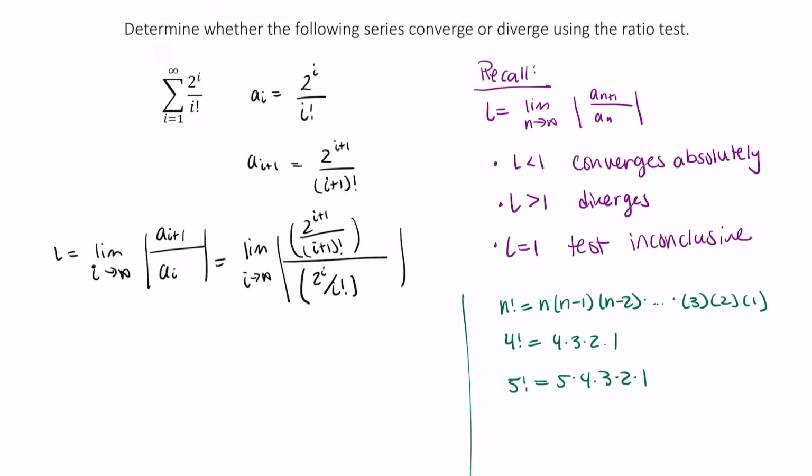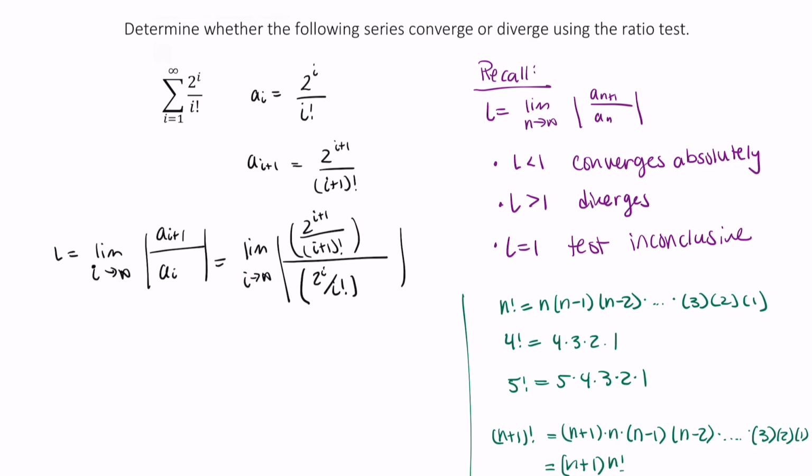And then n plus 1 factorial, in fact, is equal to n plus 1 times, then you want to ask yourself, well, what is n plus 1 minus 1? Well, that just equals n. So that would go times n, times n minus 1, n minus 2, and so on. And so what you really end up with is n plus 1 times n factorial.